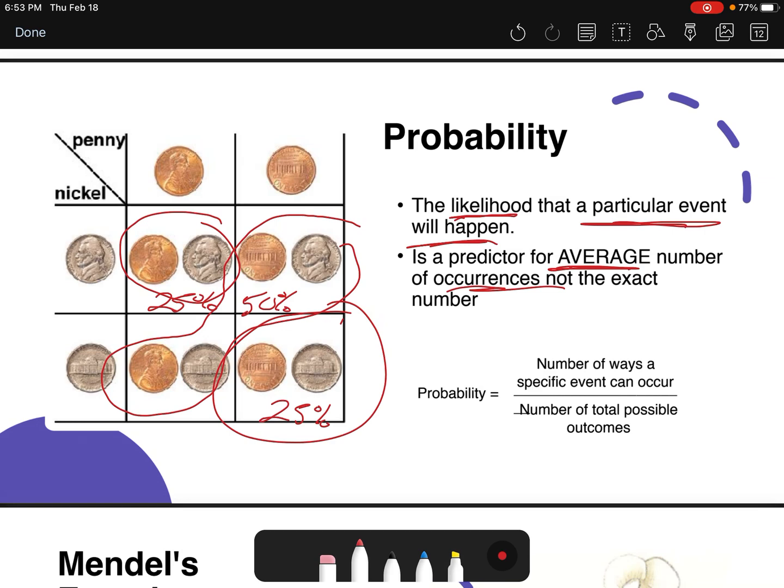In this case, to get a tails and a heads, there are 2 total ways for you to get that, and for the number of total possible outcomes, there are 4. And that's how we get that 1/2 or 50%.